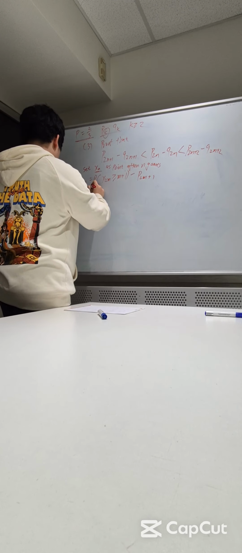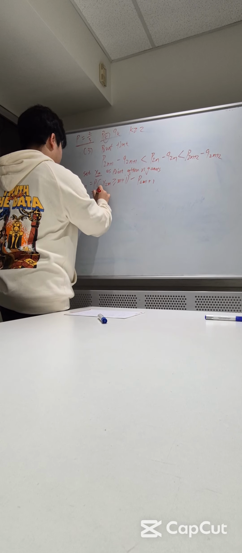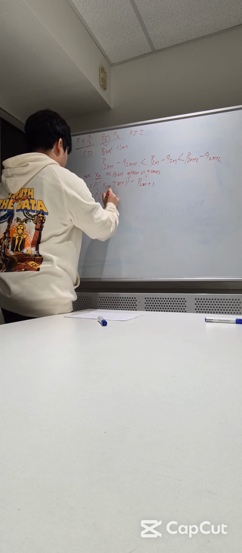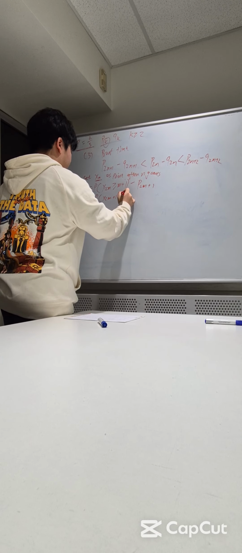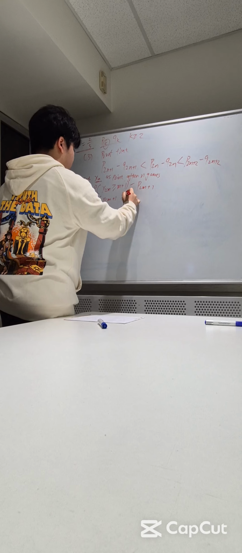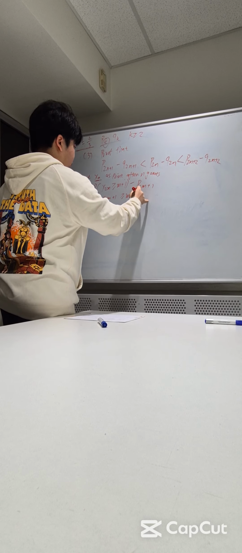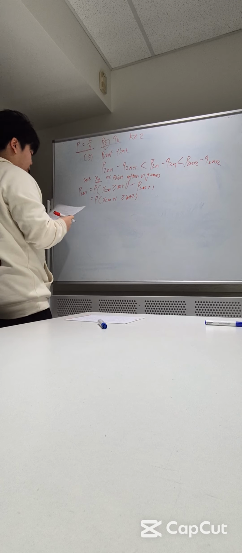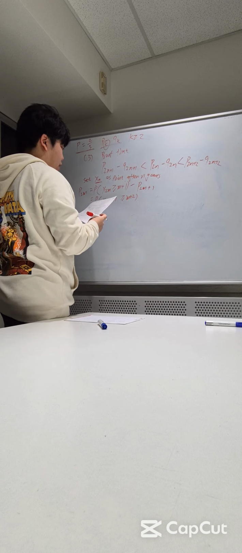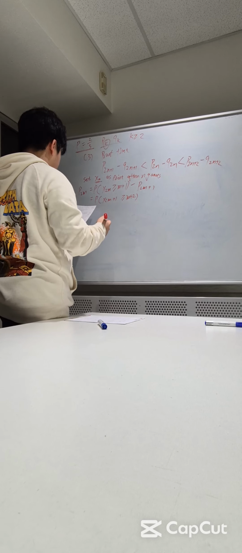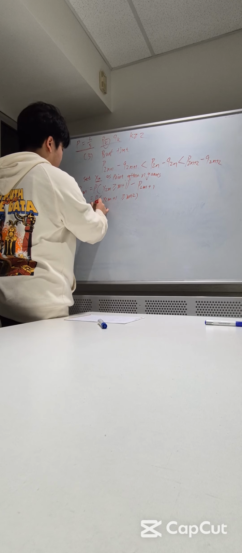For that equation, we will just get the probability of x to m plus 1 greater than or equal to m plus 2. I'm just using m as a placeholder mostly, but you can substitute in and you will get the same results.